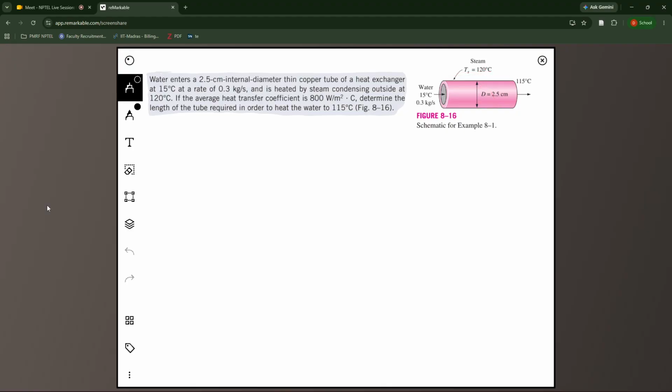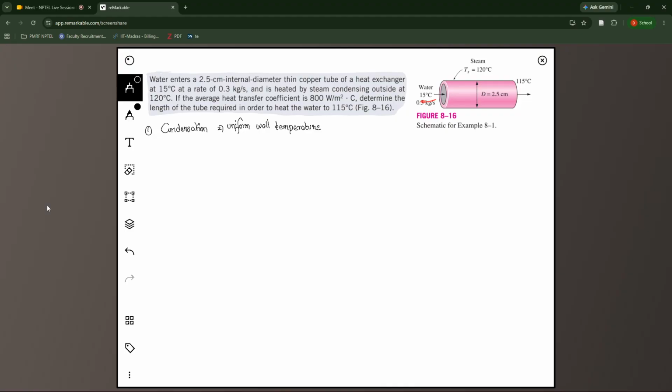So that is point number one, where you have condensation, so you can take this as uniform wall temperature. Now, as we already discussed, initially water is entering at 15 degrees Celsius.